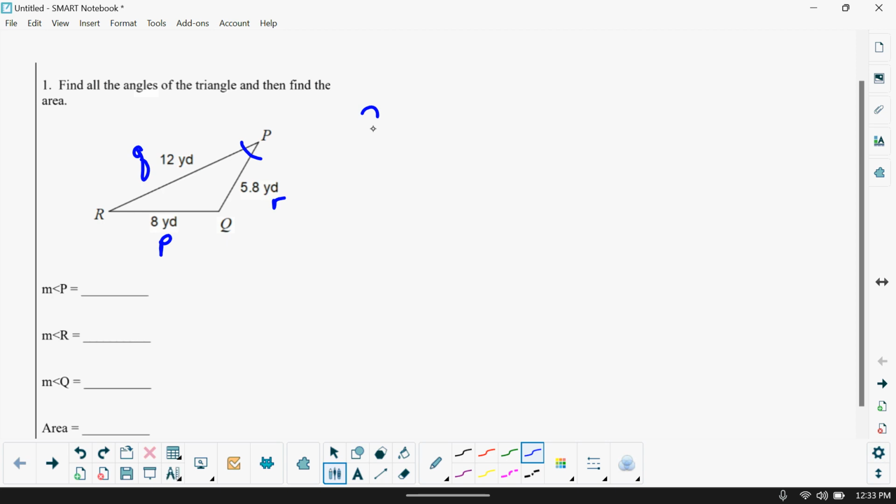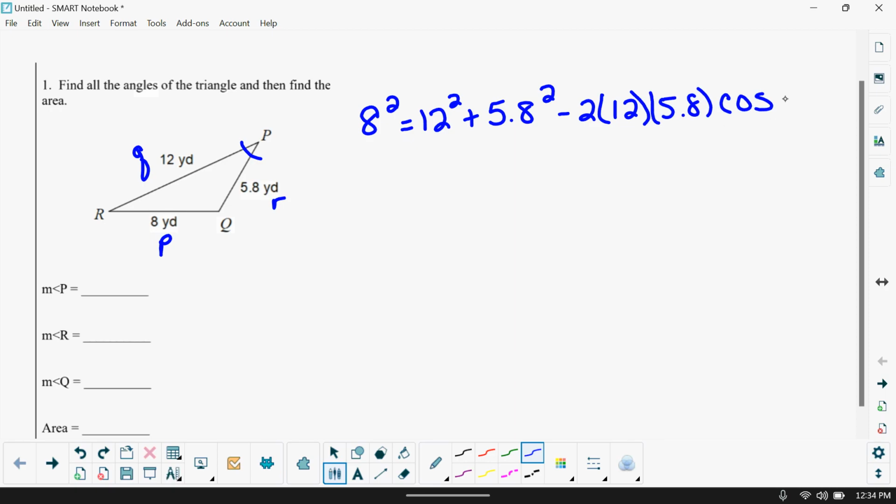So this will be 8 squared equals 12 squared plus 5.8 squared minus 2 times 12 times 5.8 cosine of big P. Okay, I have a calculator here. I do not know what I did with my calculator.